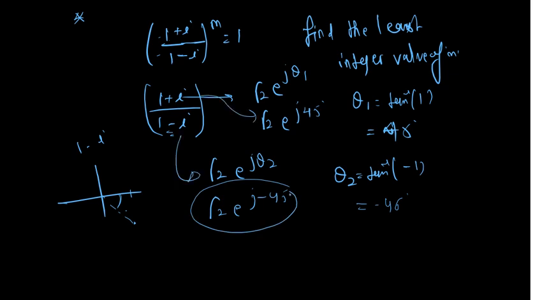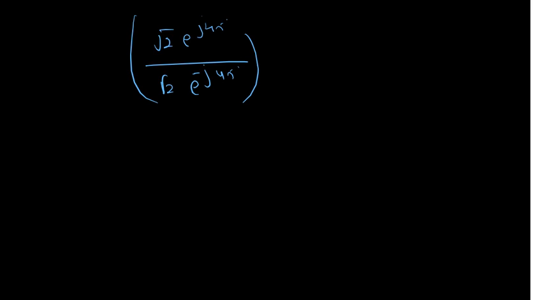Now you have square root of 2 e to the power j 45 degrees divided by square root of 2 e to the power minus j 45 degrees, all to the power m. Okay, and that has to be 1. So square root 2 will get cancelled, and e to the power j 45 into e to the power j 45 to the power m is equal to 1.